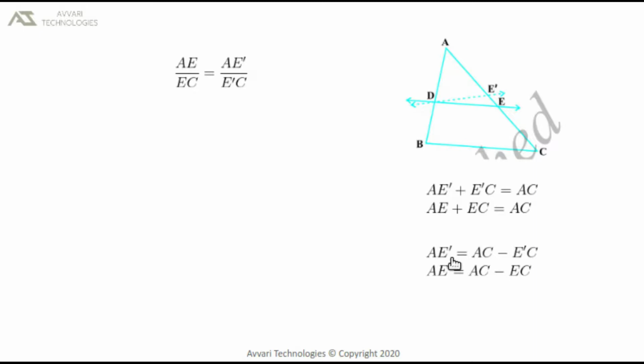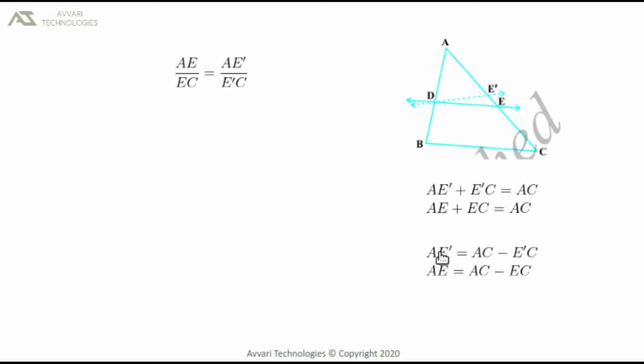AE dash is equal to AC minus E dash C. So basically we are subtracting E dash C on both sides in the first case. In the second case, we are subtracting EC on both sides. So the second case becomes AE is equal to AC minus EC.